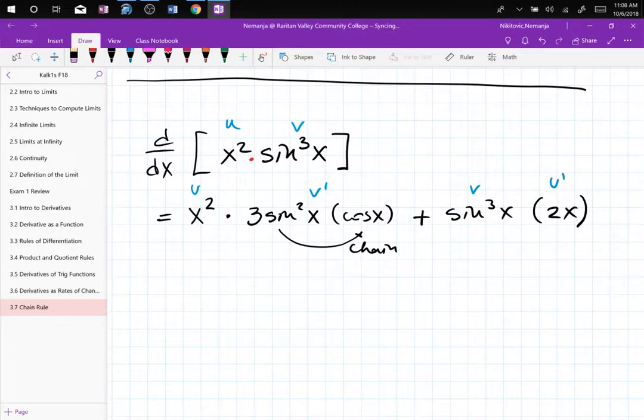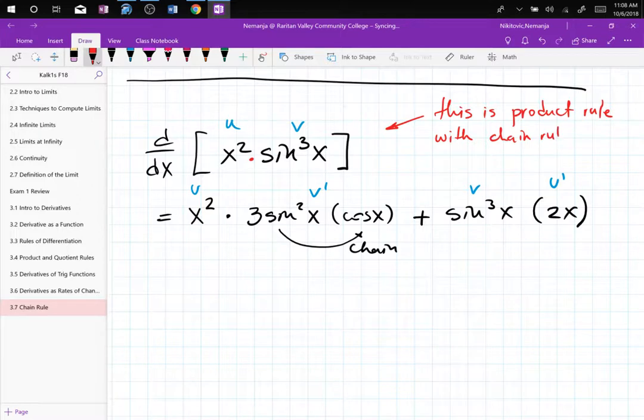So the entire problem was product rule. This is product rule with chain rule inside.